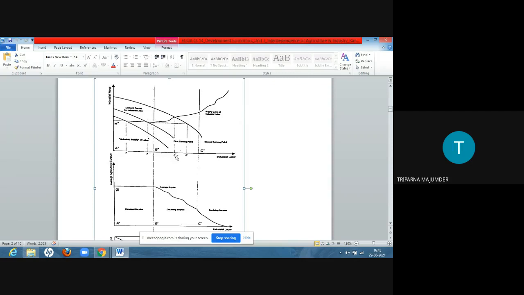Now we have more or less completed the model. But we need to mention some other things too. Capital accumulation in the industrial sector is the engine of growth. That means more capital implies a greater demand for labor.